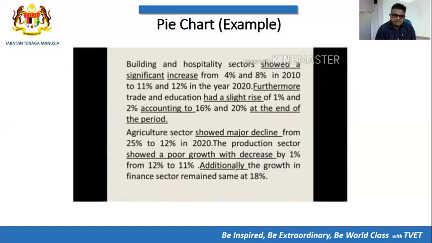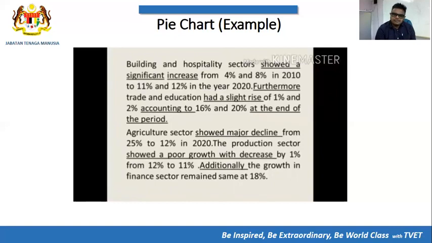Now in the agriculture sector, if you see the pie chart, in the year 2010, the agriculture sector is showing 25%. And the same sector, if you come towards 2020, has declined, meaning it reduced. The percentage is reduced to 12%. Now the production sector is showing a poor growth between the two years.